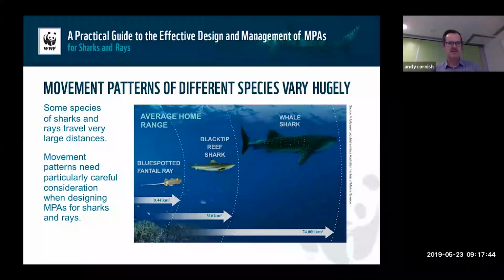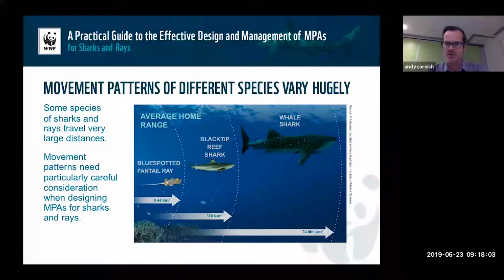So in terms of the movement patterns, I think it's quite a nice graphic here, just illustrating not necessarily a straight line direction, but the areas used by different animals, and this is obviously a very important consideration.